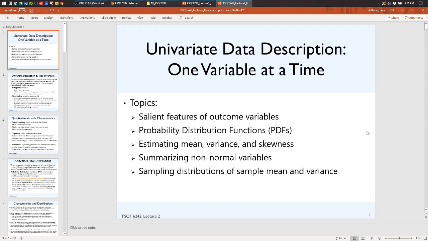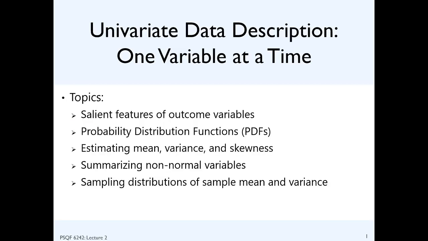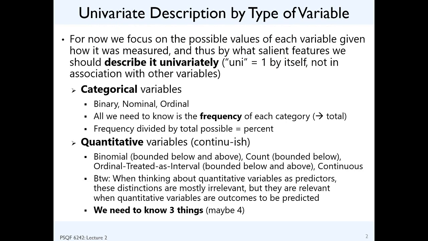So, lecture 2. Let's start this one up. So, univariate data description. That's what we're going for here. Univariate meaning one variable at a time. So you will have heard of all of this if you remember anything from intro stats or research methods, but in case you don't remember, I'm going to tell you again.